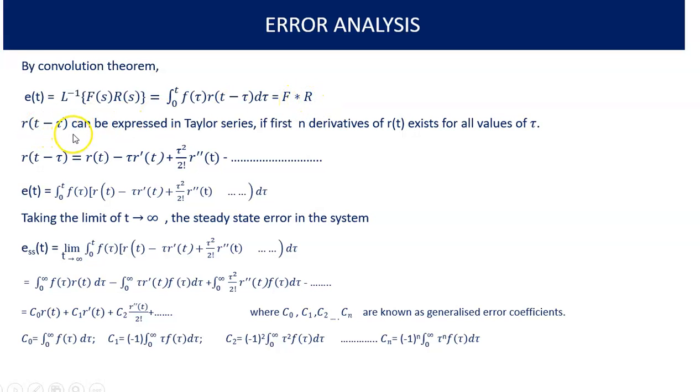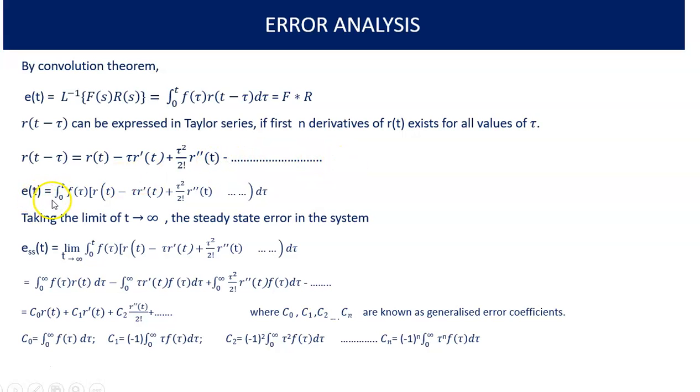Now r(t minus tau) can be expressed in Taylor series. So r(t minus tau) is equal to r(t) minus tau r dash(t) plus tau square by 2 factorial r double dash(t) minus etc.